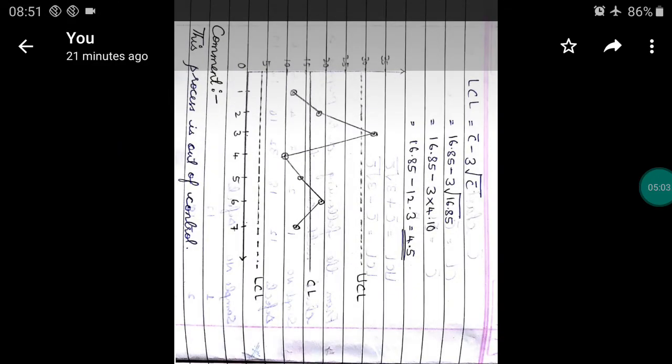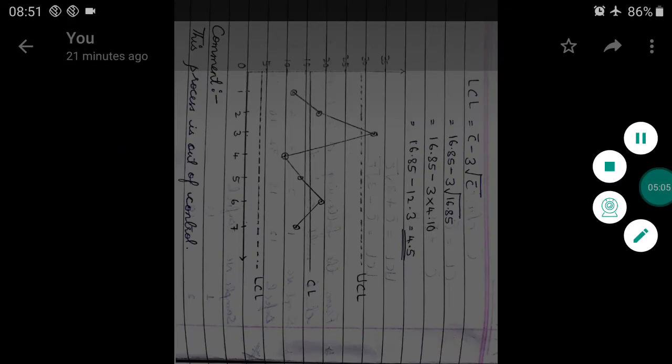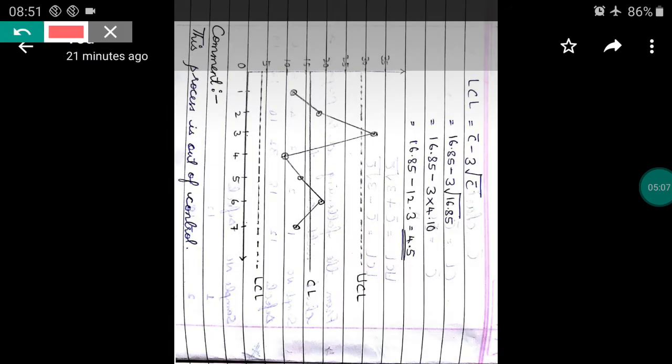Okay, come to the LCL. We have got the UCL value. Now we should get the LCL. The LCL formula is C bar minus 3 square root of C bar. The C bar value is 16.85 minus 3 into the square root of 16.85, that is 16.85 minus 3 into 4.10. 16.85 minus 12.3 equal to 4.5.